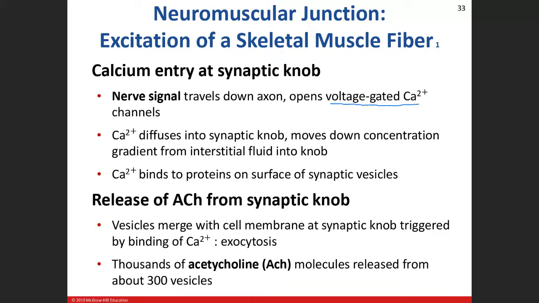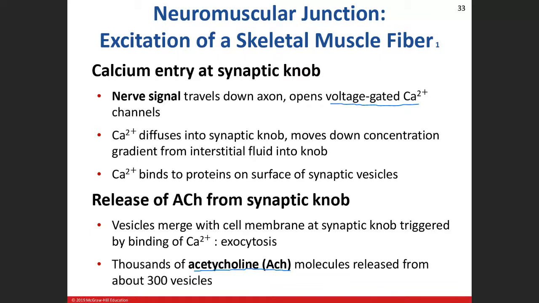They fuse with the plasma membrane through the process of exocytosis. They release their contents, in this case, acetylcholine, into the synaptic cleft. And then that acetylcholine diffuses across the synaptic cleft to the motor end plate on the other side. Okay?